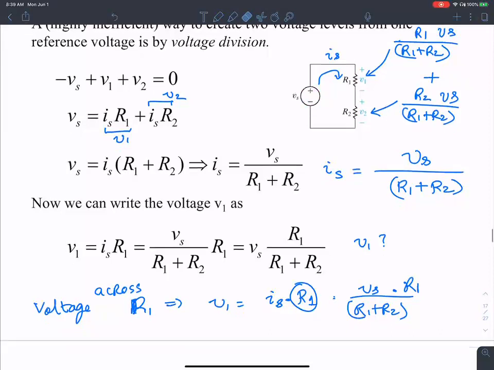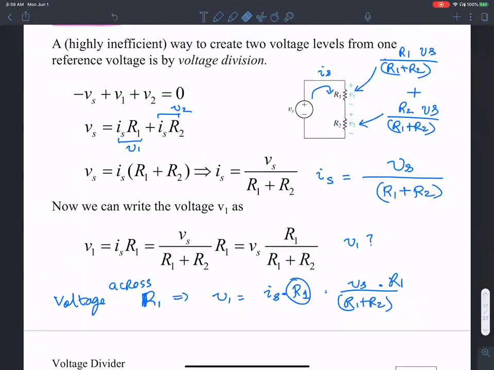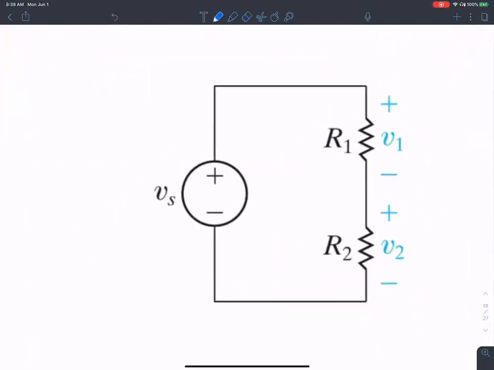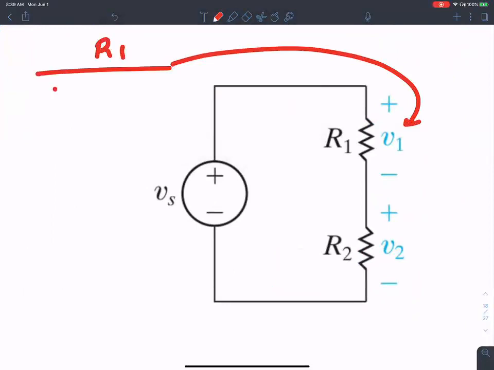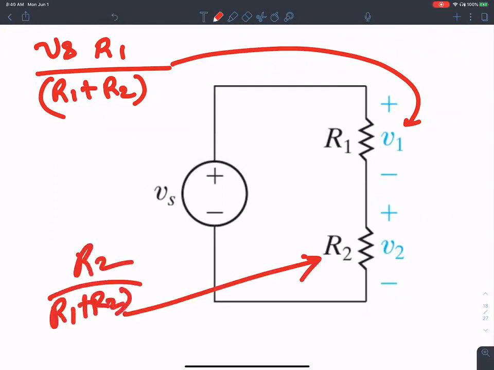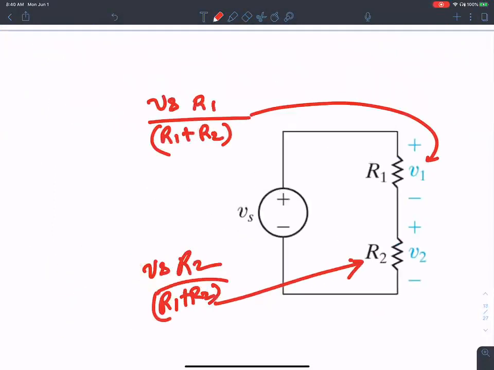So the idea of voltage division is that when you have two resistances like so, the voltage drop across this resistance is R1 over R1 plus R2 times the total voltage applied Vs, and this one is R2 over R1 plus R2 times Vs. That's the idea of voltage division.